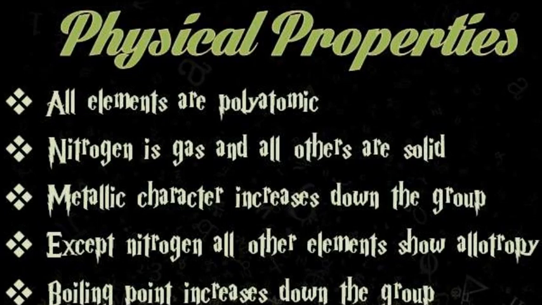Metallic character means the tendency of donating the electron. As we know, on going down the group, the atomic size increases, due to which the distance of the outermost electron from the nucleus also increases.